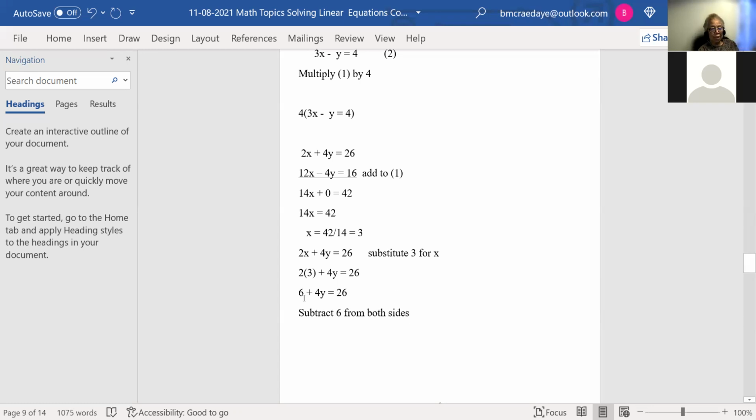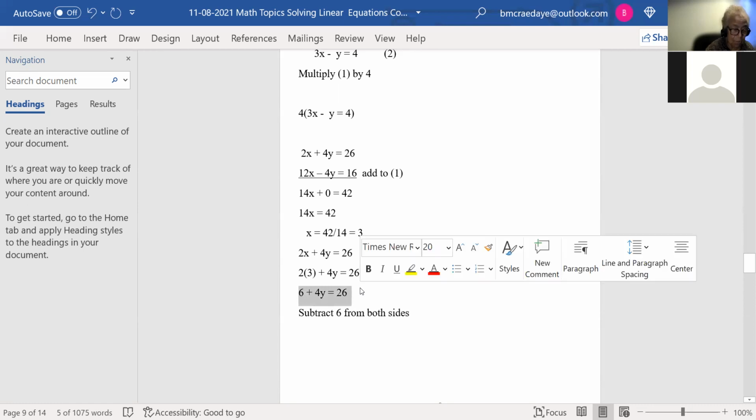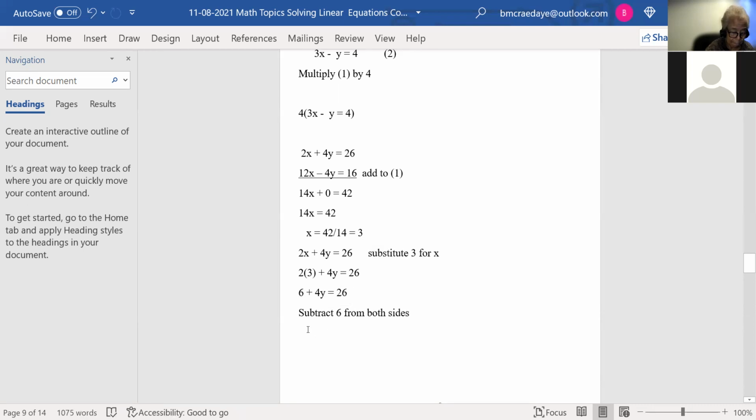So you're trying to get the 6 with the 26, these constants together. So 6 is being added on the left. So you want to subtract 6 from both sides. And then you have 6 minus 6 is 0. And then 26 minus 6 on the right side is 20. You can't throw away that 4y.